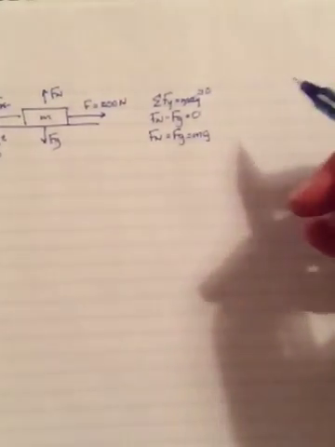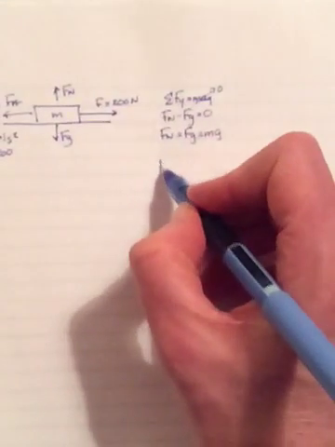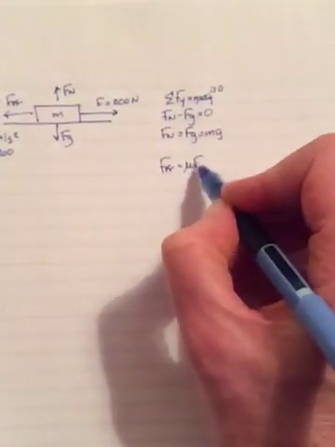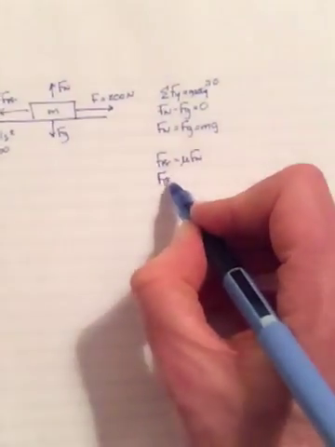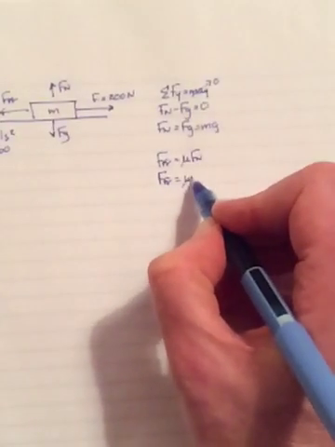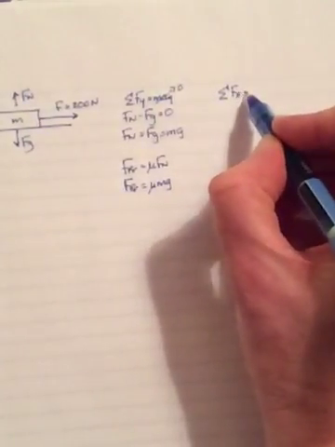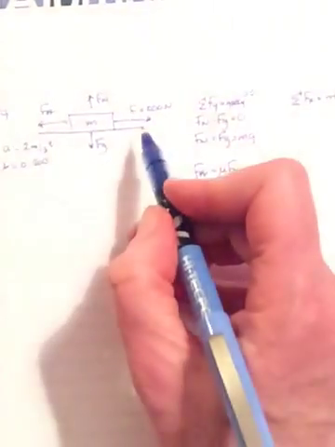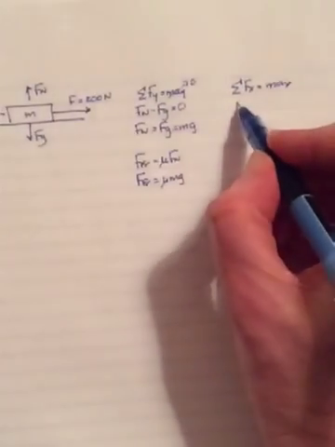It's actually what we're trying to solve for. So, now we can say friction, Ffr, is equal to mu Fn. And Fn is just mg. So Ffr is equal to mu mg. Now we go to sum of the forces in the x direction. In the x direction, there was F going one way, friction going backward.